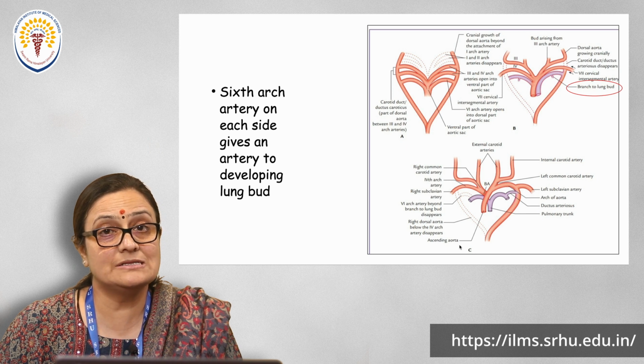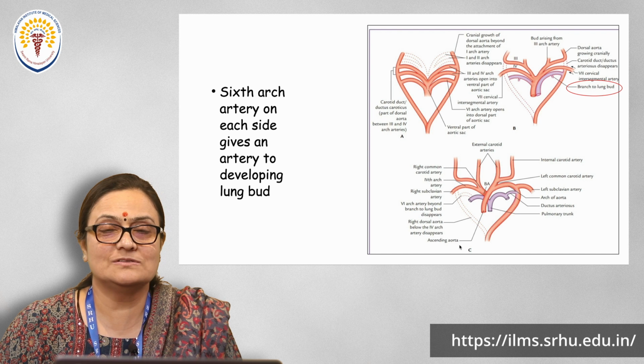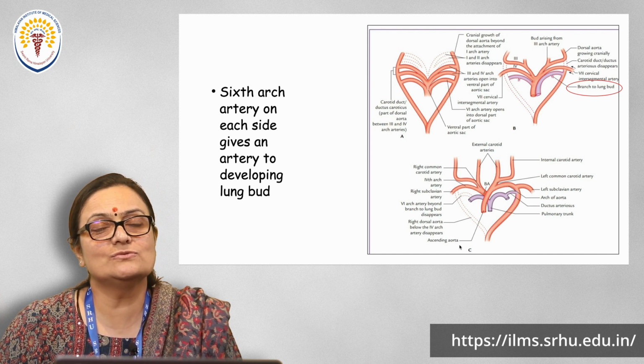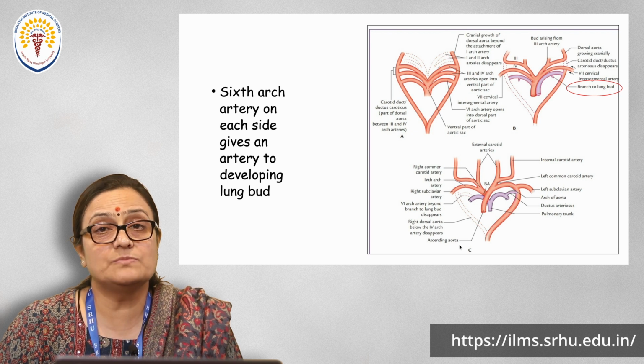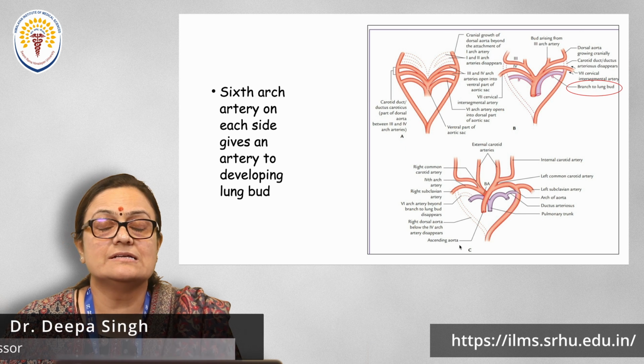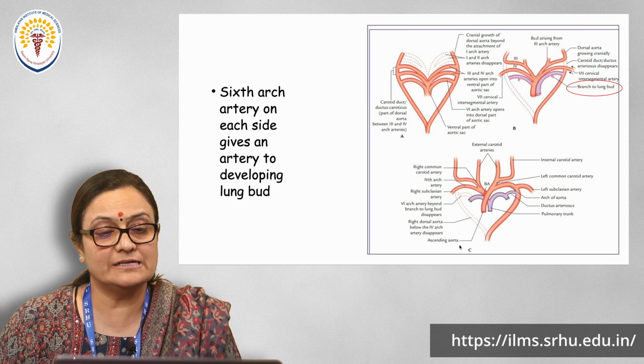So, it is concerned with lungs. So, we can already presume that this will somehow form the pulmonary arteries. So, as soon as the sixth arch artery comes in question, always remember it is pulmonary arteries. So, third arch artery, carotid system of arteries; sixth arch artery, pulmonary arteries, because we are talking about the lung.